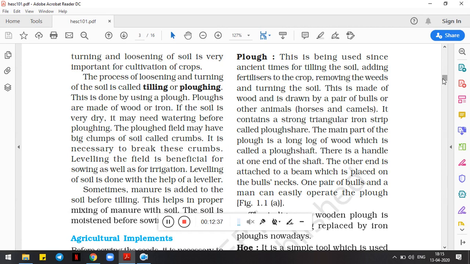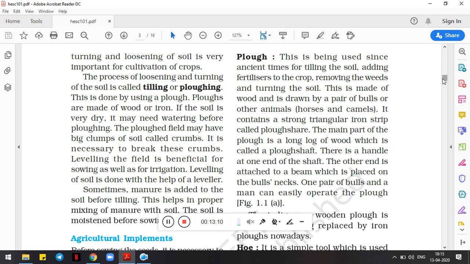If the soil is very dry, it may need watering before plowing. The plowed field may have big lumps or crumbs, and so it has to be broken, it has to be made even. So leveling of the soil is also done with the help of a leveler, and manure is added to the soil before tilling so that it mixes well with the soil, and the next process becomes easy.